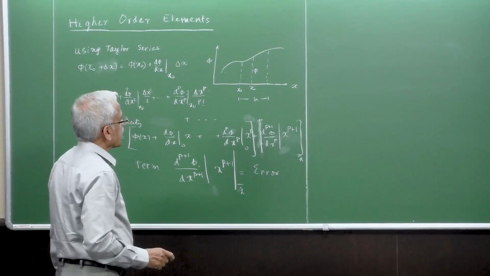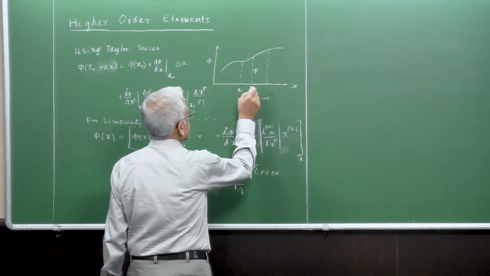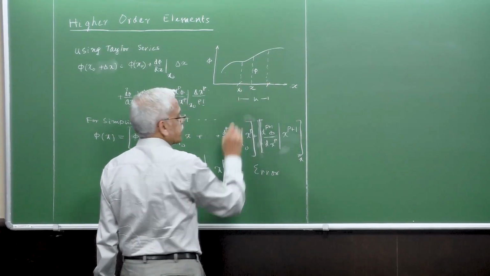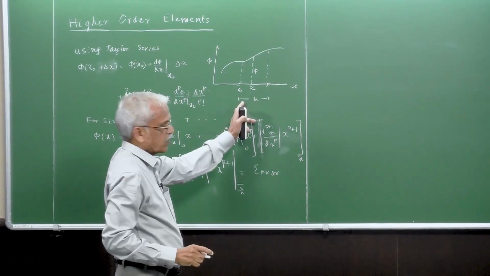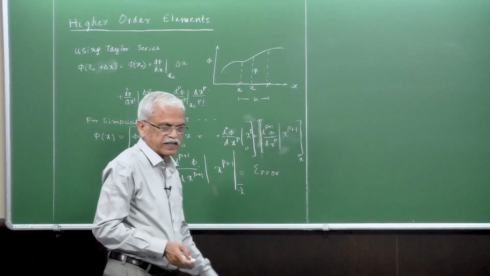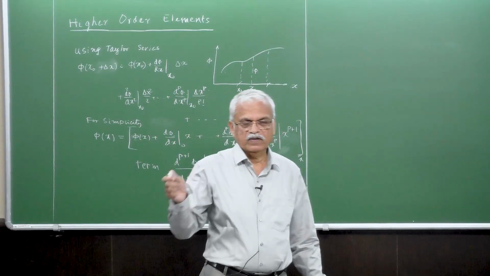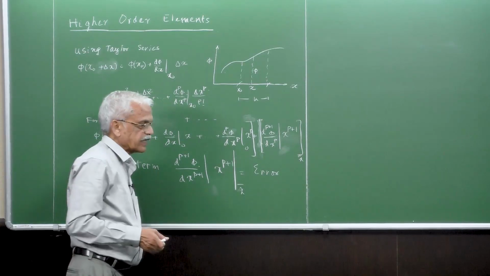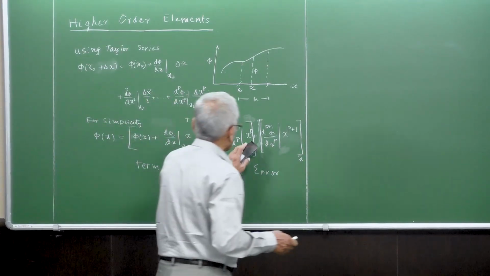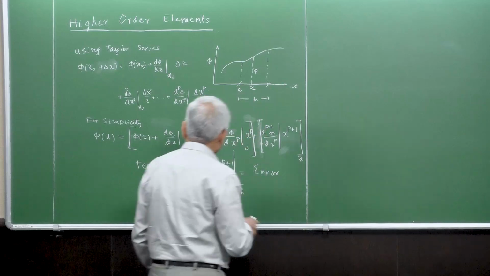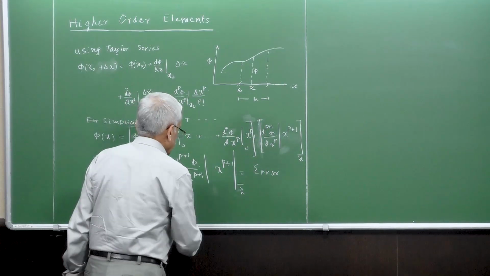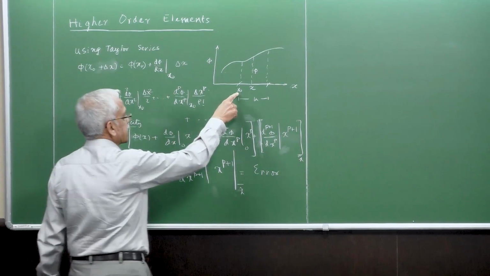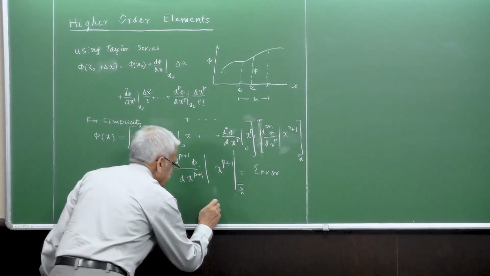So what is x bar? If you are interested in the approximation over a small zone h, if you call this the size of the element, what is the kind of error which you are committing? That is x bar. X bar is neither x naught nor x naught plus h.